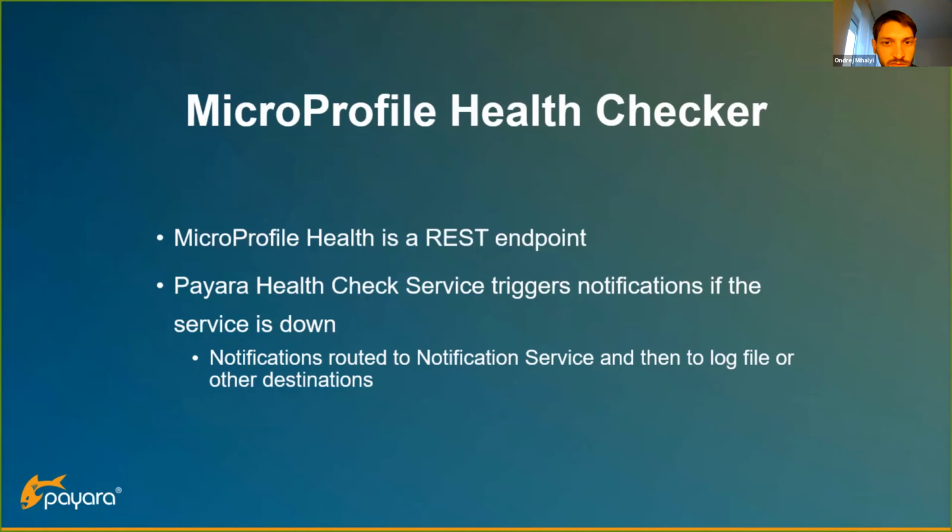While Payara health check service is more complicated. It gathers a lot of information about the application, about the operating system, about the resources, and it triggers notifications based on many different conditions, and also for multiple levels. So if some value, like for example CPU usage, is above a certain level, it can trigger a notification as a warning, as an error, or just as an info message, based on which threshold the value goes above.